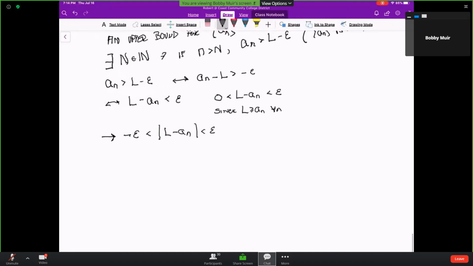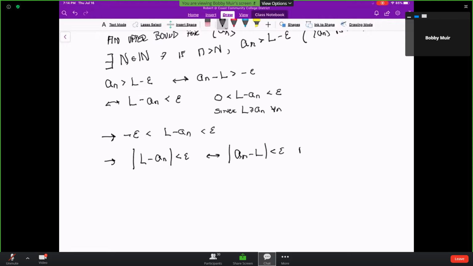Okay, no absolute value sign yet. Well, this is the equivalent of saying that L minus A_n is less than epsilon, which is the same as saying that the absolute value of A_n minus L is less than epsilon.